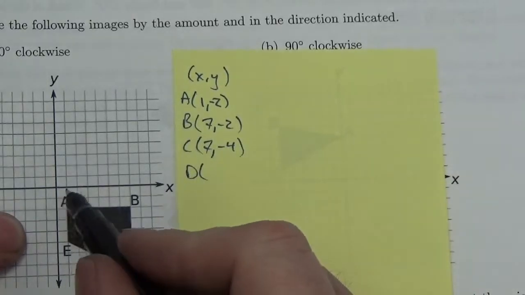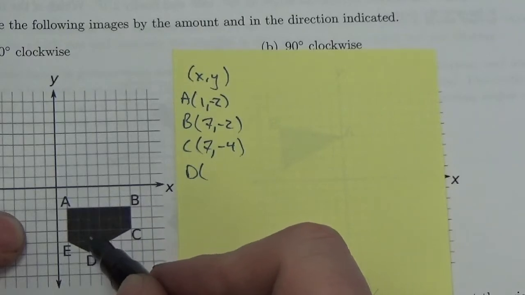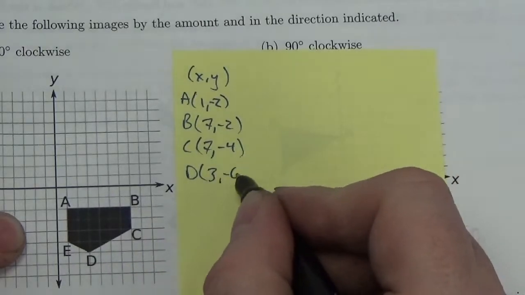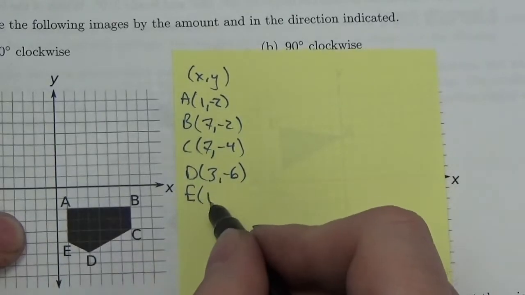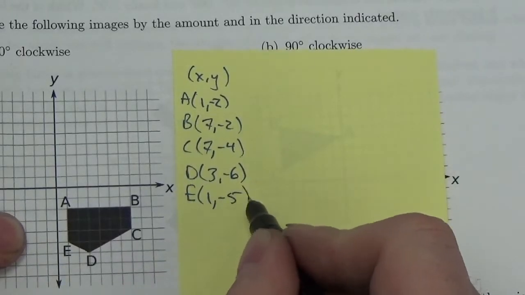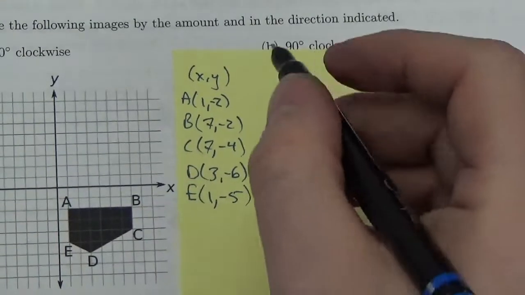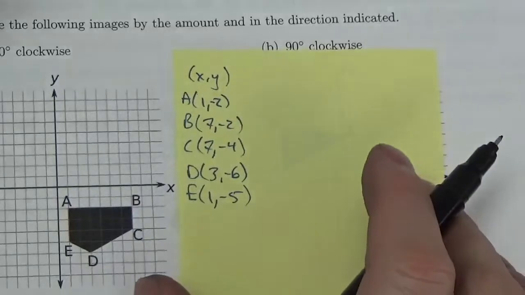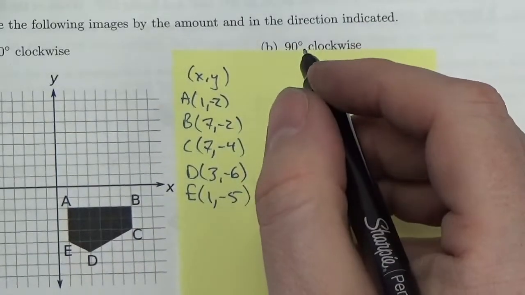D is going to be 1, 2, 3, 4, 5, 6, so 3 comma negative 6. And E is going to be the point 1 comma negative 5. Now I'm just going to count that out again. 1, 2, 3, 4, 5.